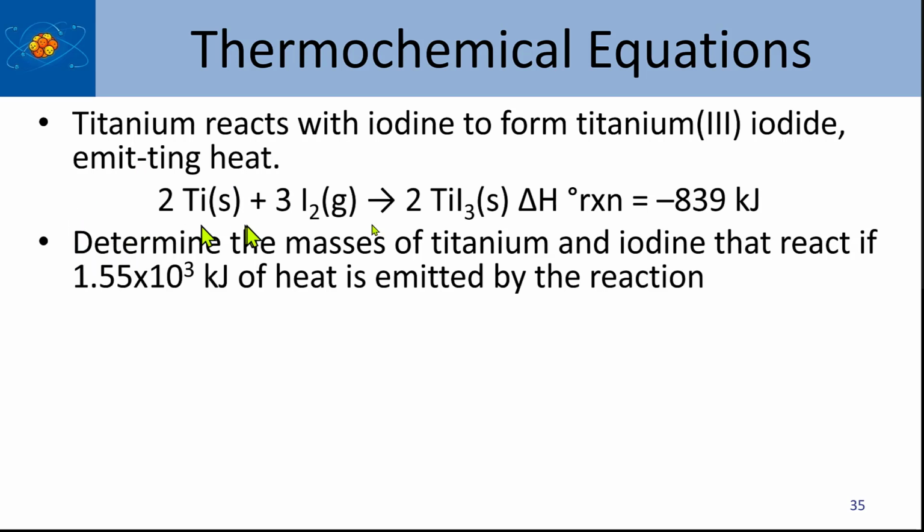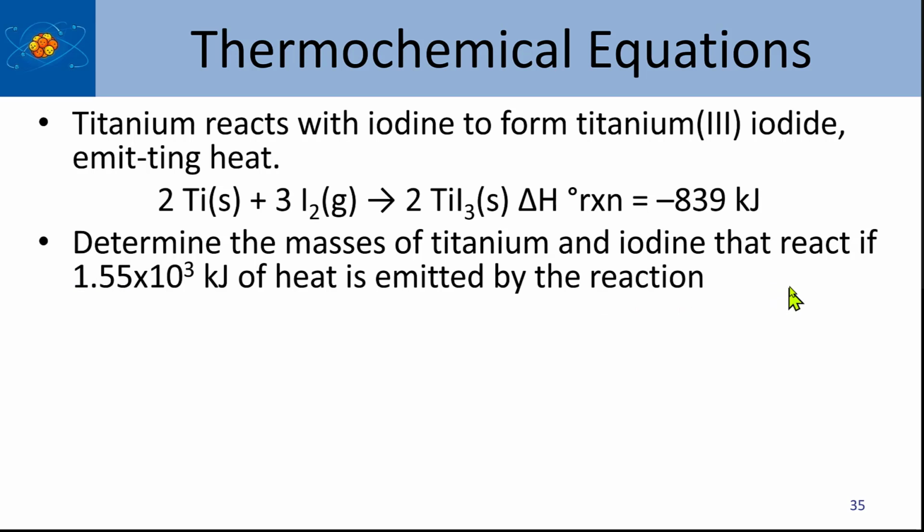And there's the reaction, and the energy associated with this balanced reaction. Determine the masses of titanium and iodine that react if this many kilojoules of heat is emitted by the reaction.